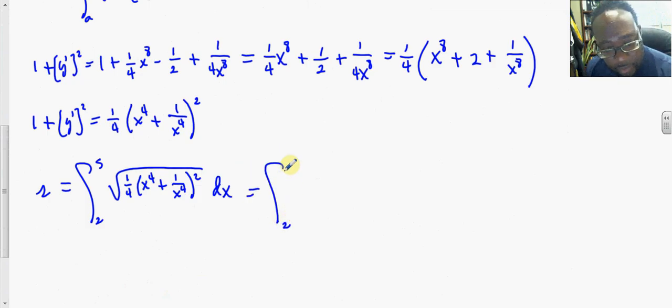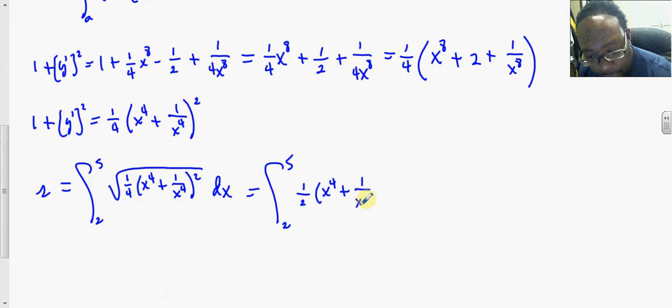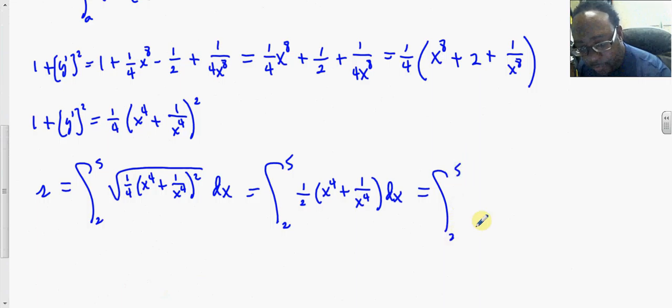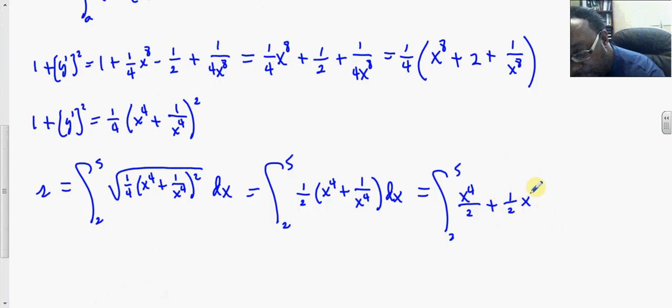This is the integral from 2 to 5. And we can get rid of the radical. So this is 1/2 times x to the 4th plus 1 over x to the 4th dx. This is the integral from 2 to 5 of x to the 4th over 2 plus 1/2 times x to the negative 4. So I can integrate it directly.